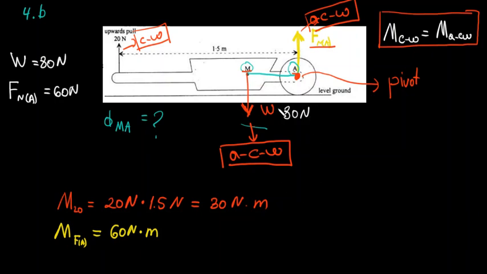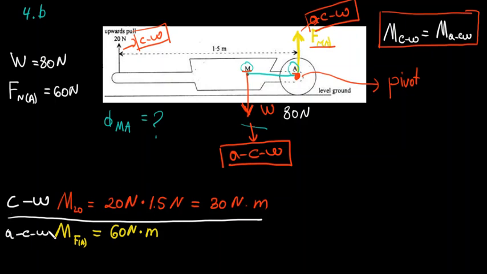Then the moment of this one is also going to be, so I'm going to label them. This row will show only clockwise, and this row below is going to show anti-clockwise moments. One of the anti-clockwise is going to be this yellow force, and I just have one clockwise, and it's this.